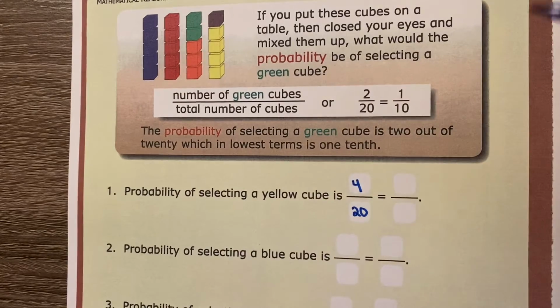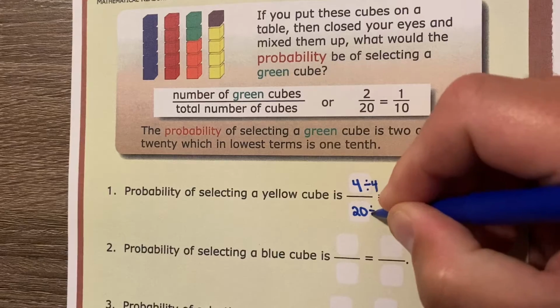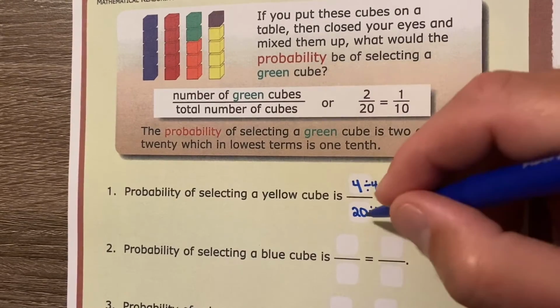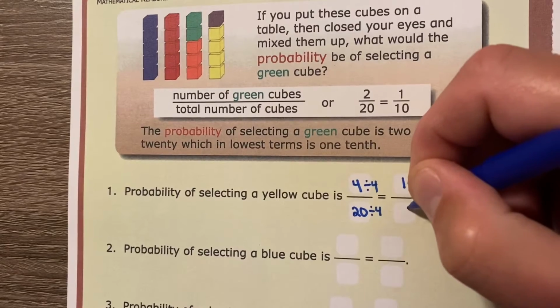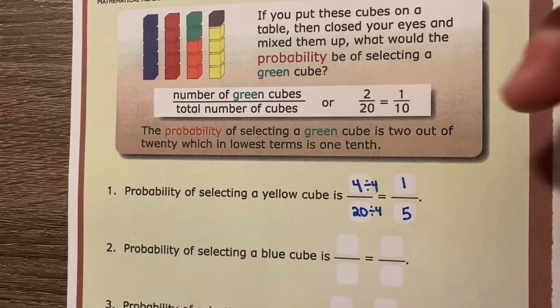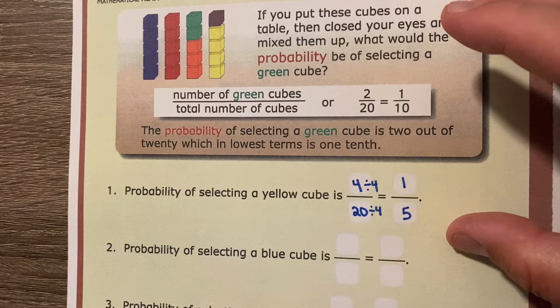That's the greatest common factor of 4 and 20. 4 divided by 4 is 1. 20 divided by 4 is 5. So you would say you have a 1 in 5 chance of selecting a yellow one.